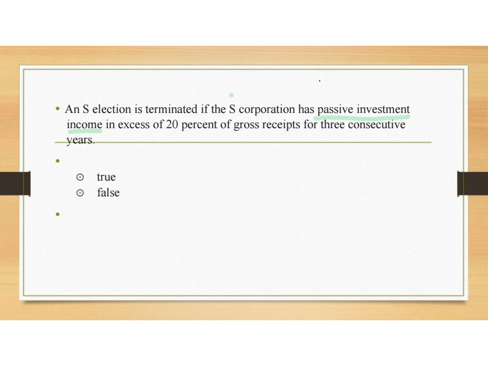This question says, an S election is terminated if the S corporation has passive investment income in excess of 20% of gross receipts for 3 consecutive years. This is false, because it should say 25% for 3 consecutive years.